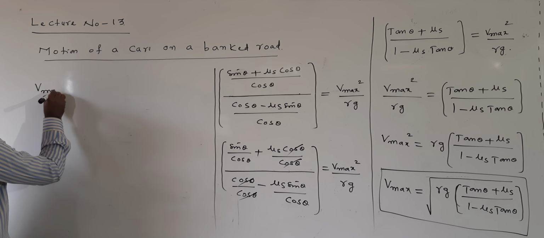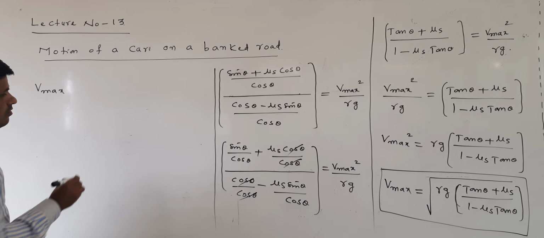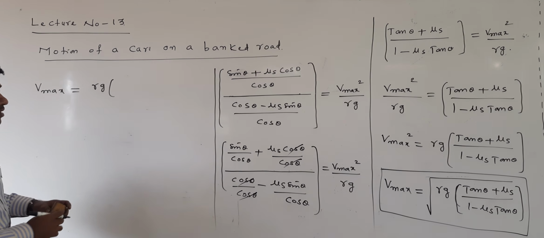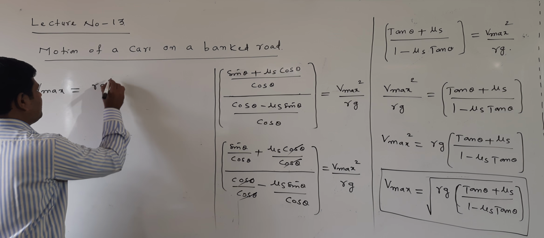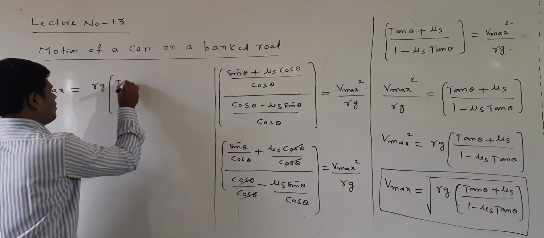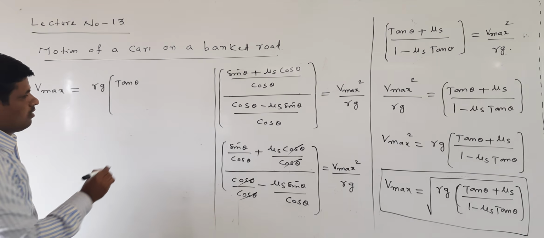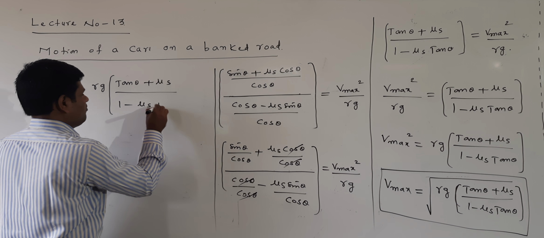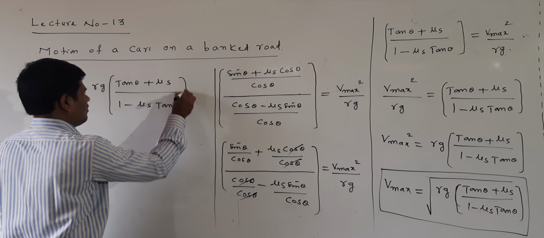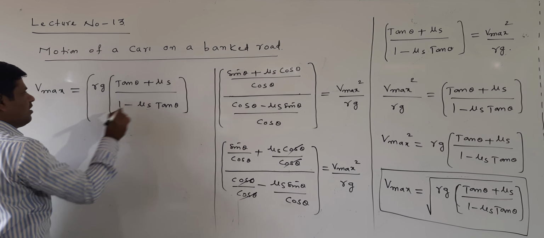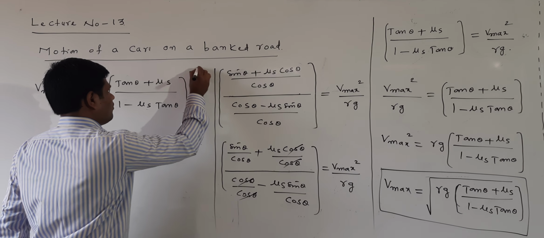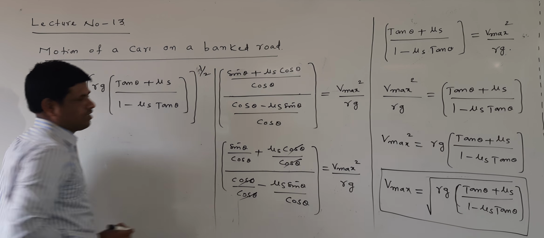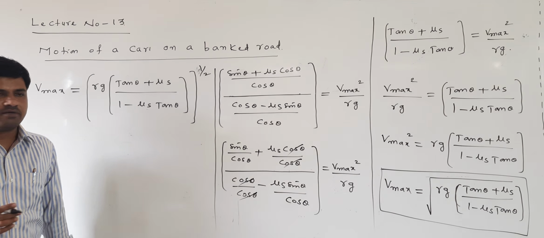Now V maximum is equal to Rg into tan theta plus mu s by 1 minus mu s tan theta, the whole power of 1 by 2. Why whole power of 1 by 2? It means the total value is under the root.